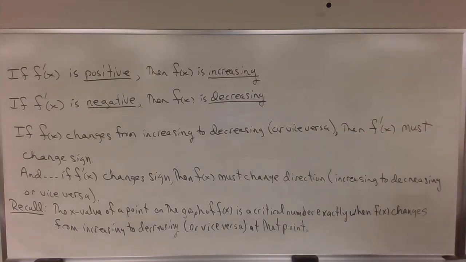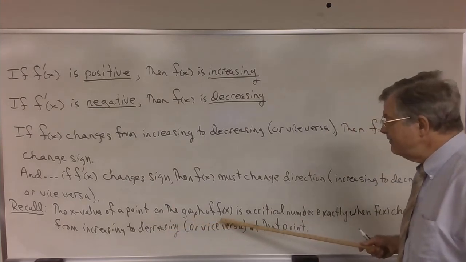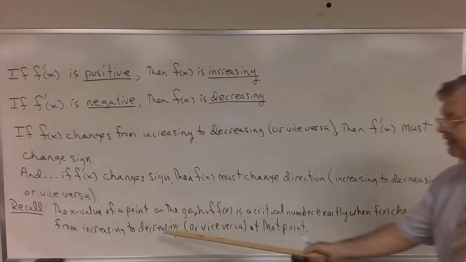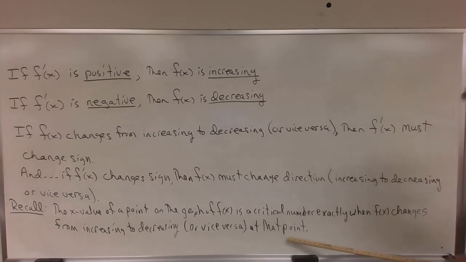Remember this. The x value of a point on the graph of f of x is a critical number exactly when f of x changes from increasing to decreasing or decreasing to increasing at that point.